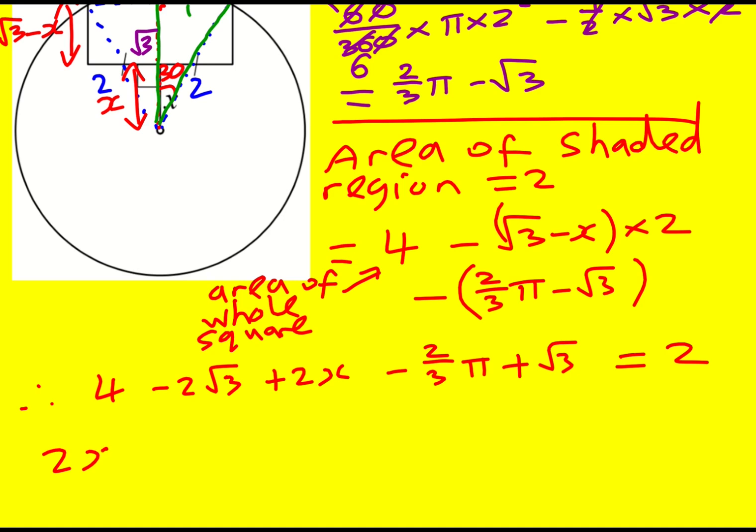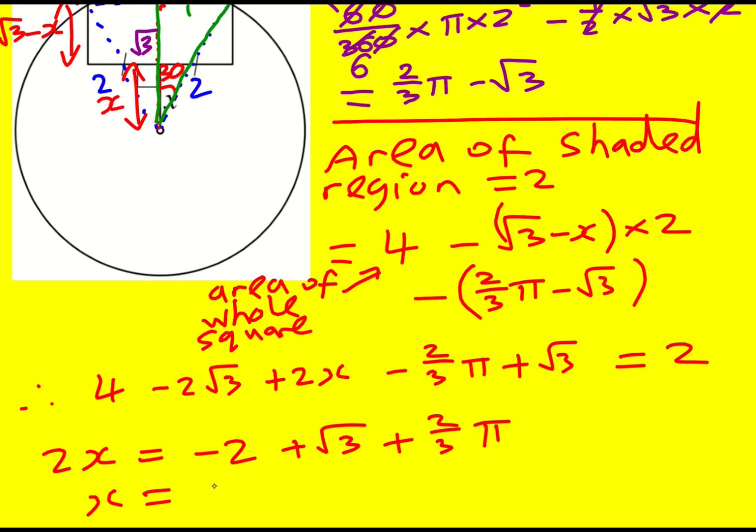So I've got 2x on the left-hand side. Then I'm going to minus the 2 by 4 to give me minus 2. I'm going to do root 3 minus 2 root 3, which is minus root 3, and add that to both sides to give me plus root 3 over here. And then I'm going to add the 2/3 pi. And finally, I just need to divide through by 2.